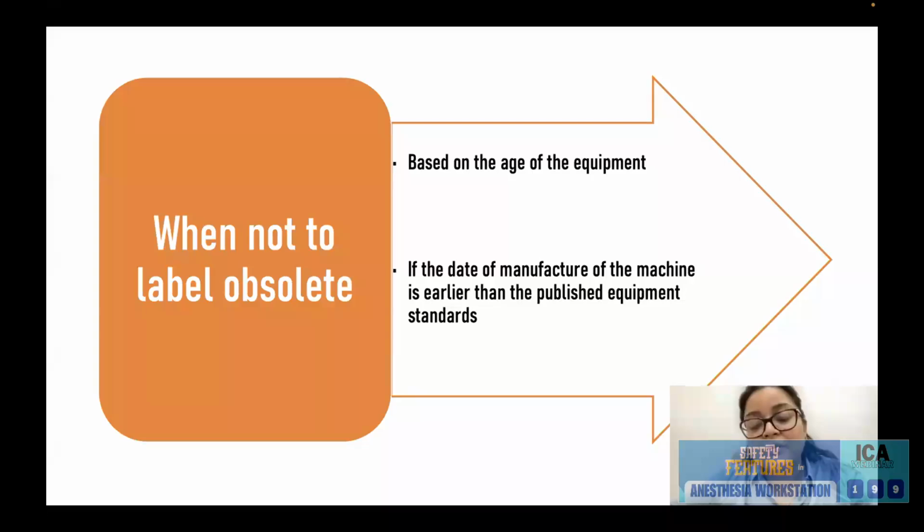What I mean to say is that it is the responsibility of the anesthesia provider to determine if the machine's failure to meet the newer standard represents a sufficient threat to the patient's safety to render the machine obsolete.